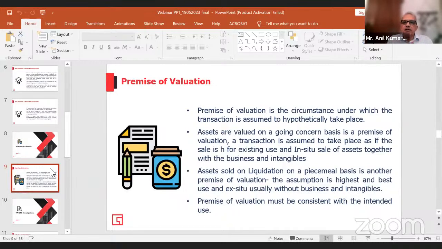That is, the sale is assumed to be taking place making the existing use of the assets. Whatever the existing use of the assets is, that is the premise. So my premise is that the existing use is going to apply, and I value the assets on the basis of existing use, the assets in place.